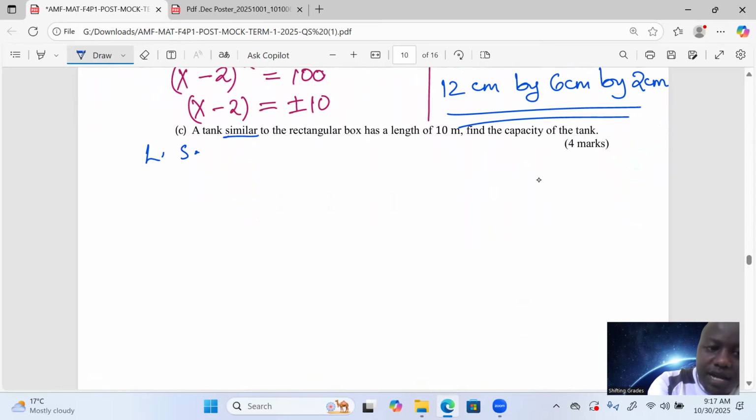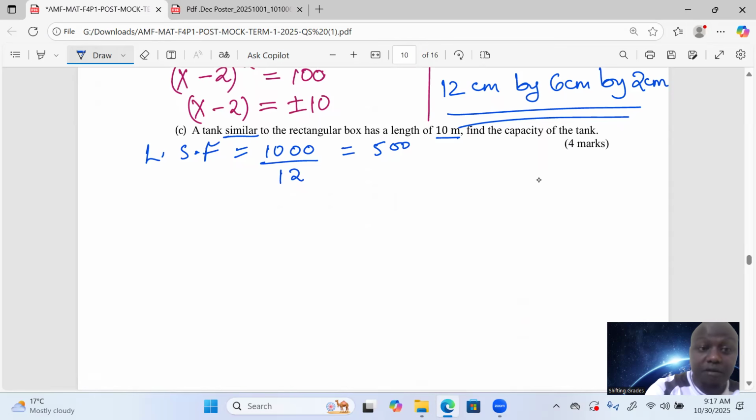Linear scale factor. When we take the length of the real tank, 10 meters, we can make it centimeters by multiplying by 100. Then we divide this by the length of the model box there, 12. What is the simplified format of this? 500 over 6, right?